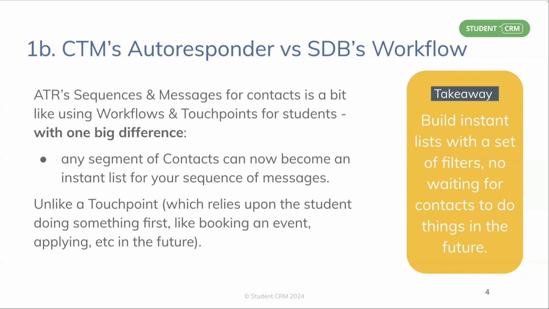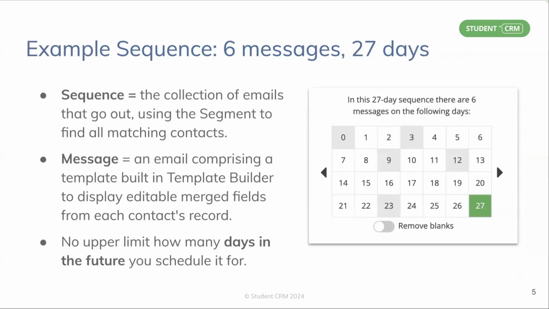So you don't need to wait for contacts to do things in the future. You can build it now. I could, for example, create a segment to find all the teachers in my list, and they instantly go into this autoresponder sequence. The other way around would be to wait until the teacher did something and then they join. So it's very fast to build a list of everybody.